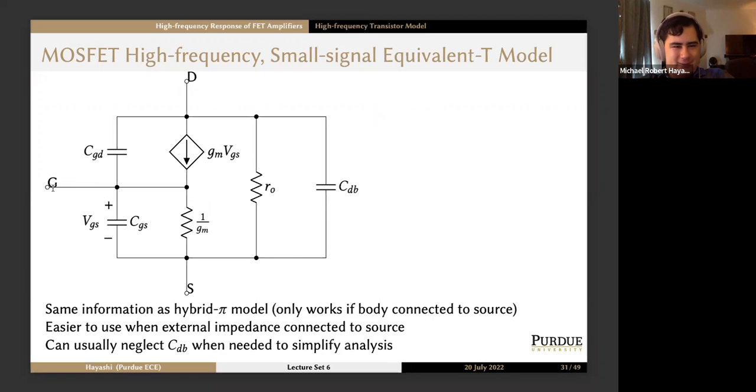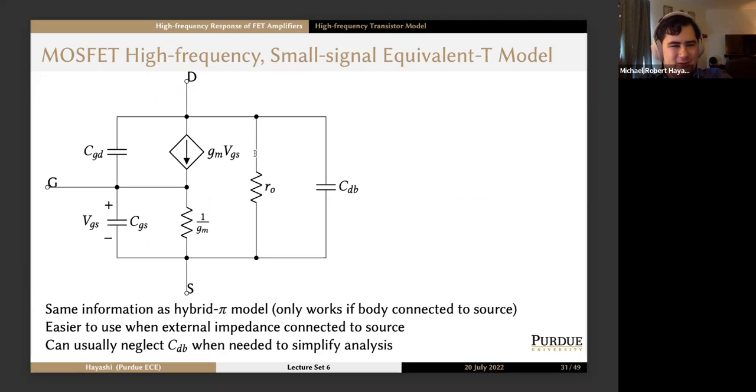You'll see we have the regular hybrid or equivalent T model stuff: the gate, a vgs between this point and there, gm vgs that forces the same amount of current to flow down through the drain right here as does through this resistance 1/gm, which is very much a real part of the model. You can't neglect it. You have to have 1/gm in your model if you use the equivalent T model.